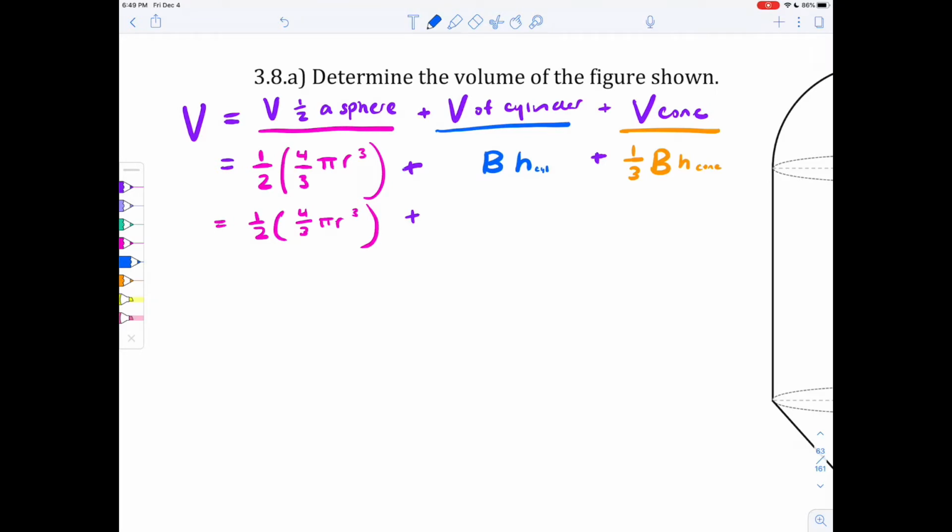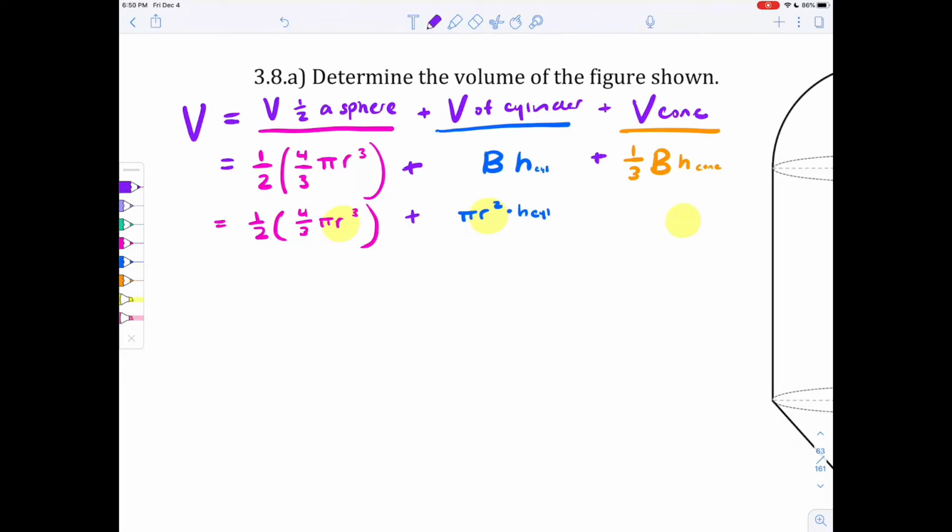So my capital B stands for the area of the base. My base of a cylinder is a circle, and so I'm going to have pi r squared. Notice that this r, and eventually the r we'll get here, spoiler, is going to be same. The only thing that differs here will be my height.